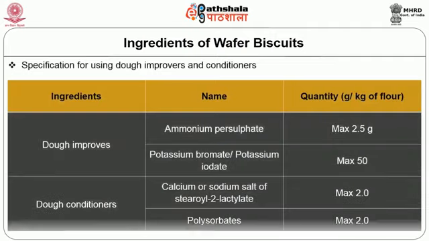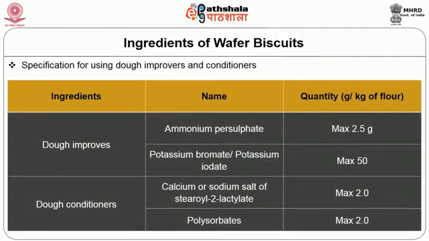Now in the table we can see the specification of dough improvers and conditioners. Ammonium persulfate and potassium bromate or potassium iodate can be used as dough improvers, and the maximum quantity that can be used for ammonium persulfate is 2.5 gram per kg of flour, whereas for potassium bromate or potassium iodate it can be maximum 50 gram per kg of flour.